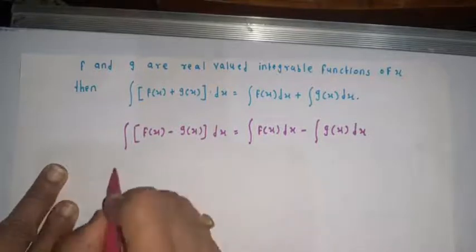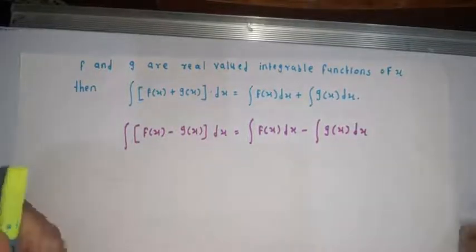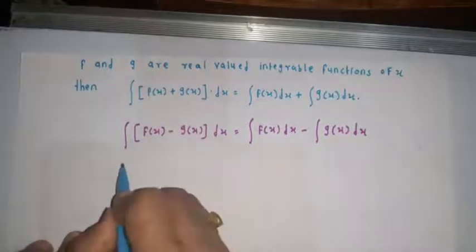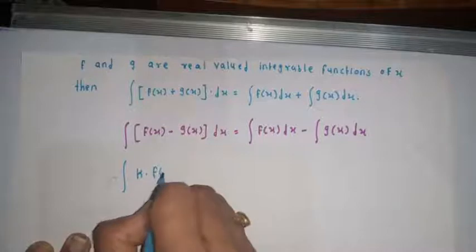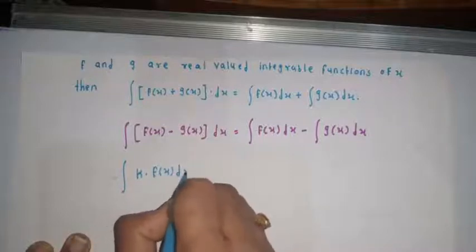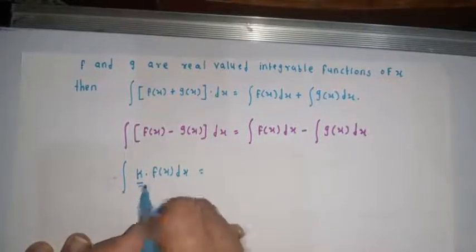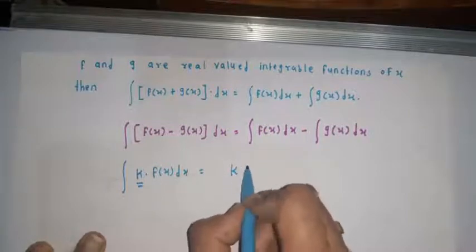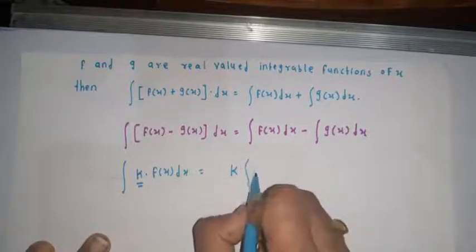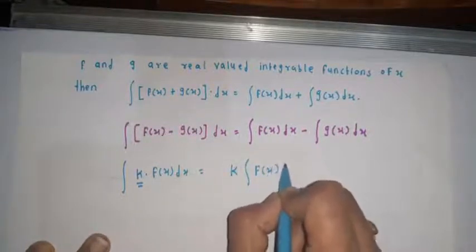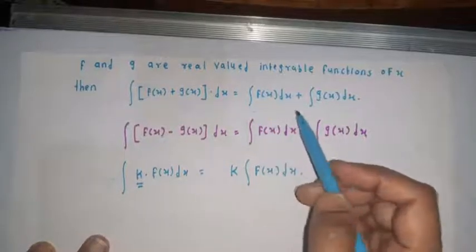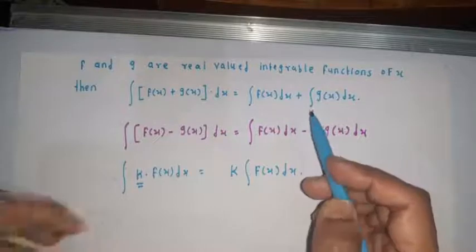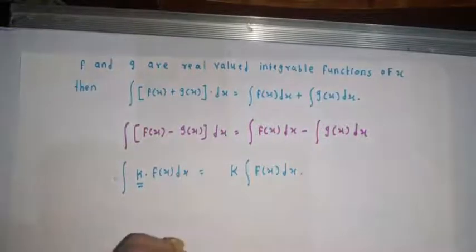Now suppose k is any constant number, then integration of k into f of x with respect to x is: keep this constant aside, that is k as a constant, and take the integration of the function f of x with respect to x. So these are the basic rules that we have to use while solving the problems of integration.